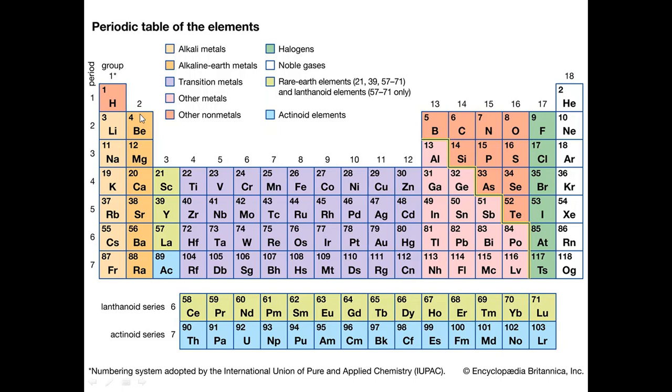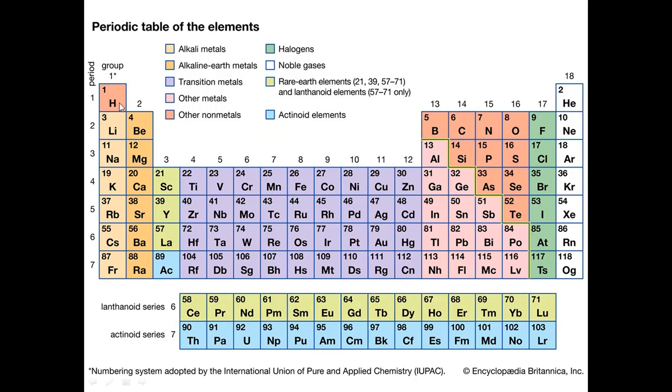So let's say lithium and beryllium are in period 2, and sodium and magnesium are in period 3. So sodium, magnesium, aluminium, silicon, phosphorus, sulfur, chlorine, and argon, all these are in period 3, whereas these ones are in period 2. If you come here, you can have potassium and calcium all in period 4. So elements that are in the same horizontal alignment are said to be in the same period.